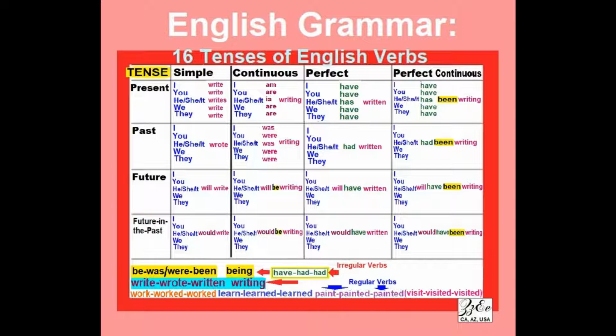One more time, present continuous consists of the verb to be in present tense. I am writing, you are writing, he is writing, she is writing, it is writing, if it is applicable for the thing, it. We are writing, they are writing. This is present continuous tense, and the time is only now, right now.